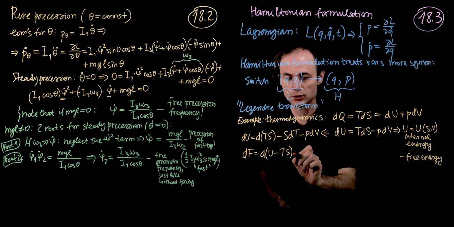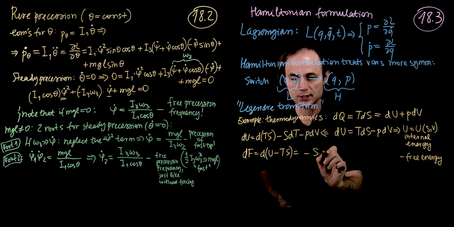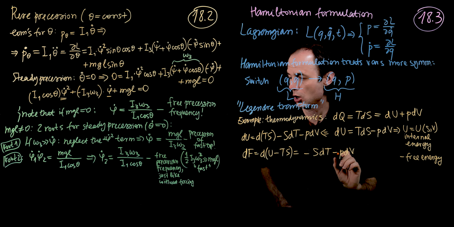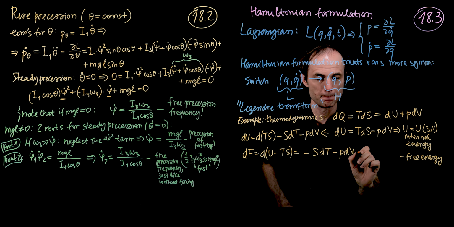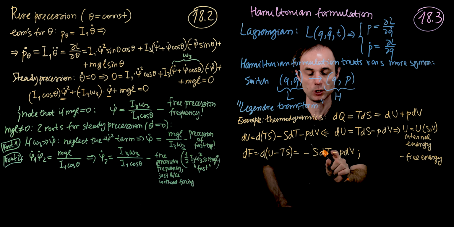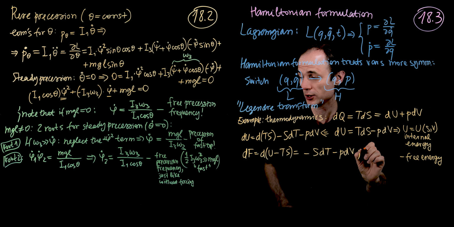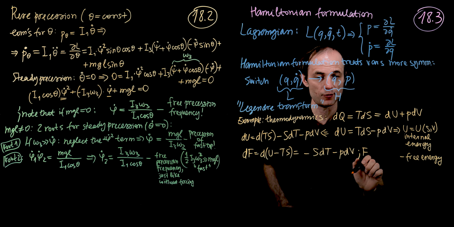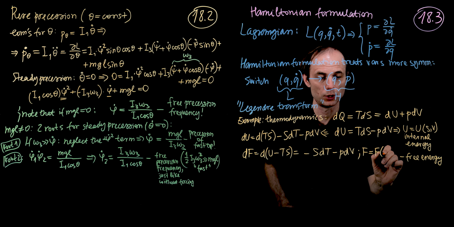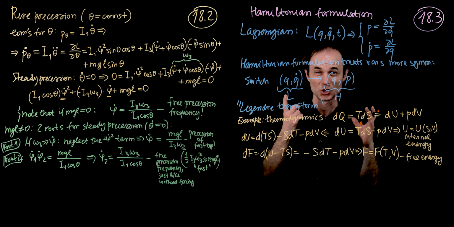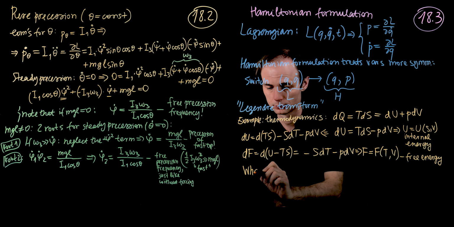And we can write it out as minus S dT minus P dV, or, because we see now that F depends on the thermodynamic variables T and V only, we can write it out as F is equal to a function of T and V. So what just happened here?